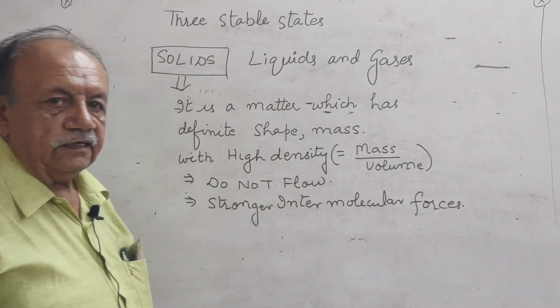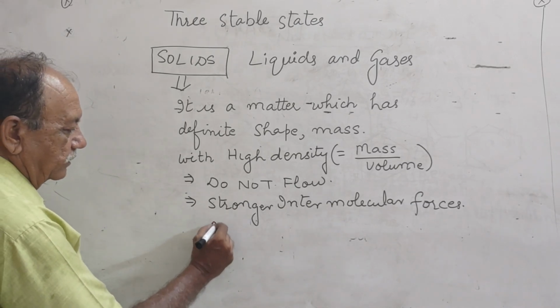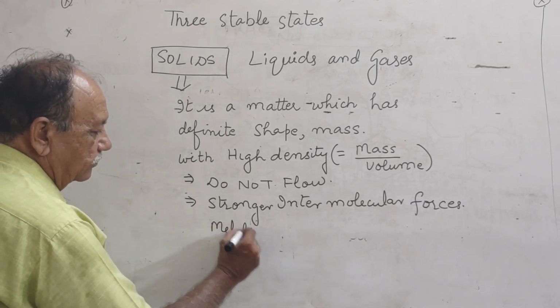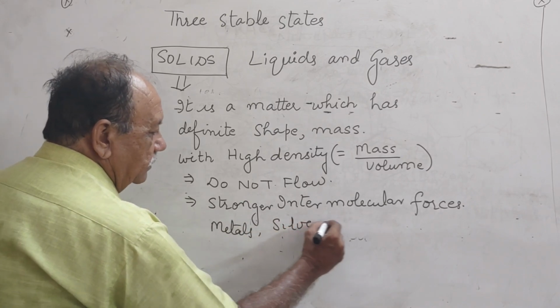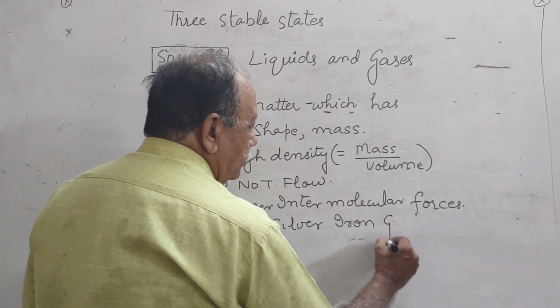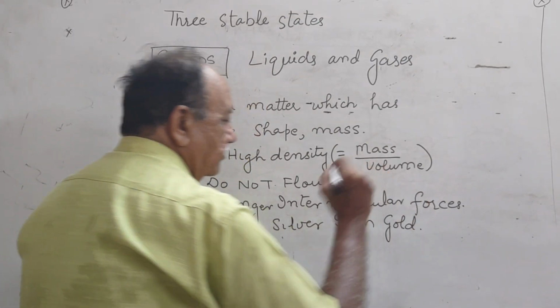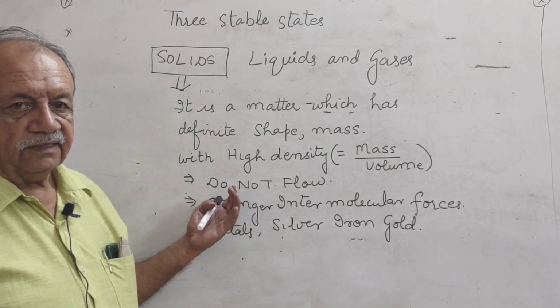These are called solids. For example, metals like silver, iron, gold, with some exceptions.